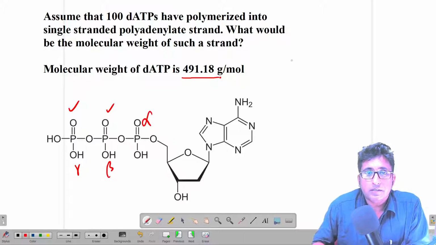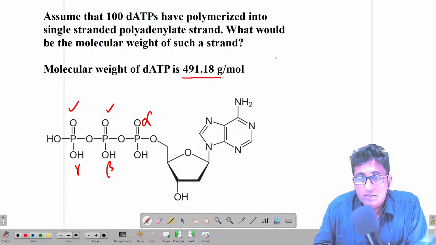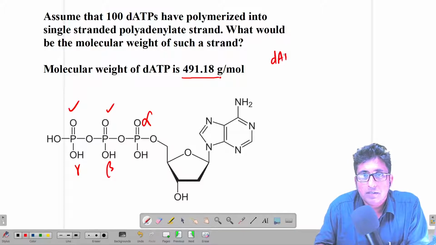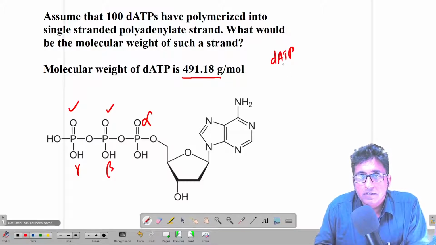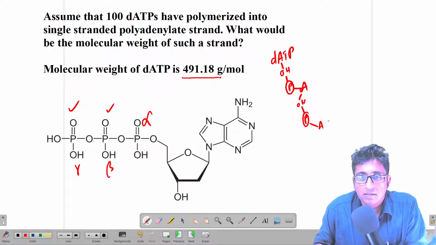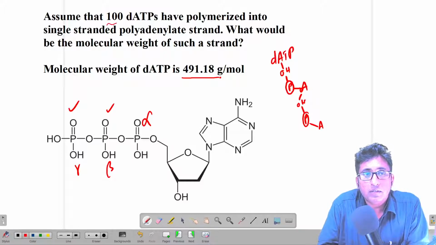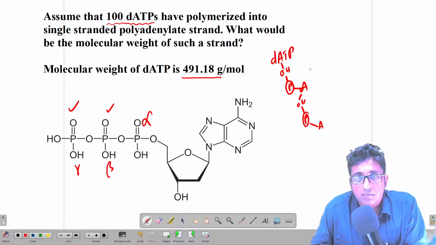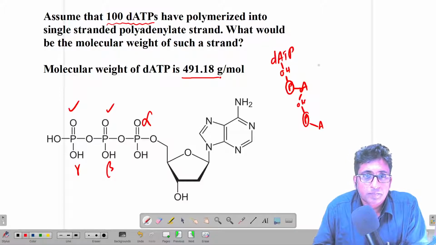If we take the first nucleotide, a dATP, there is a 3 prime OH to it, and to the 3 prime OH a phosphate group of the next dATP would have been added, to which again a 3 prime OH would be there, and a phosphate group added by the next dATP. Like this we can go 100 times, because we were given 100 dATP molecules.